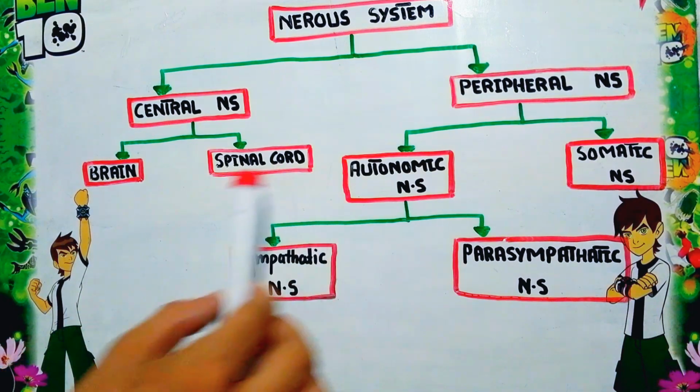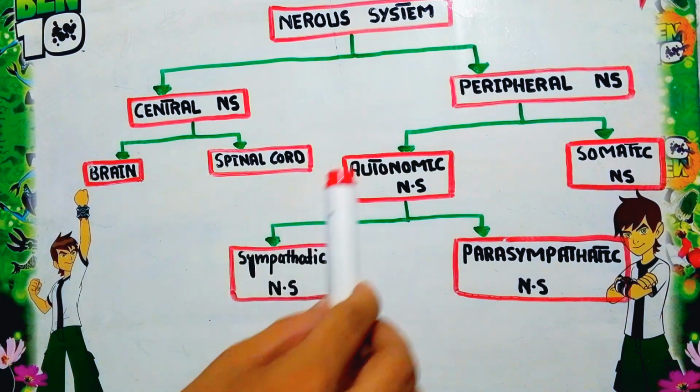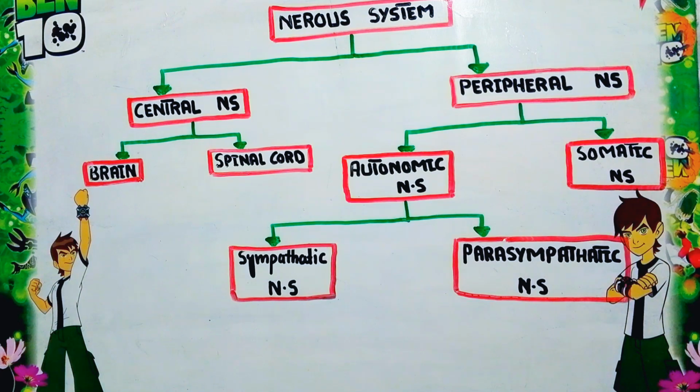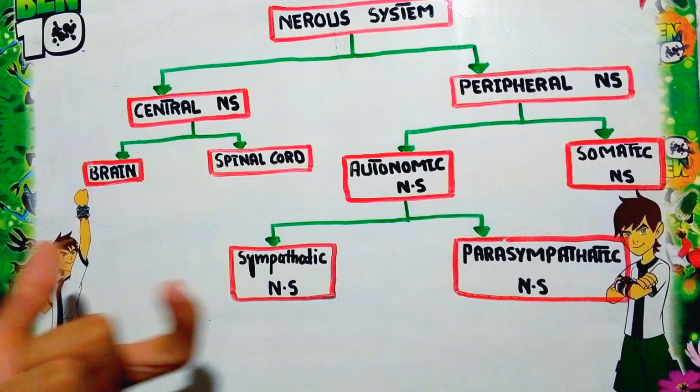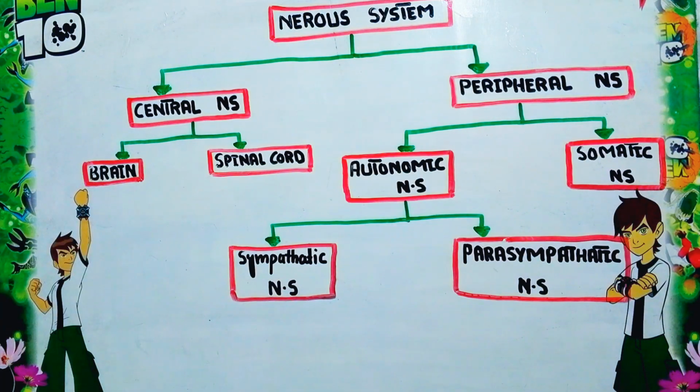The sympathetic nervous system is the type of autonomic nervous system that controls the autonomic activity during the fight or flight state. So the nervous system governing involuntary activity in the state of fight or flight is called the sympathetic nervous system.